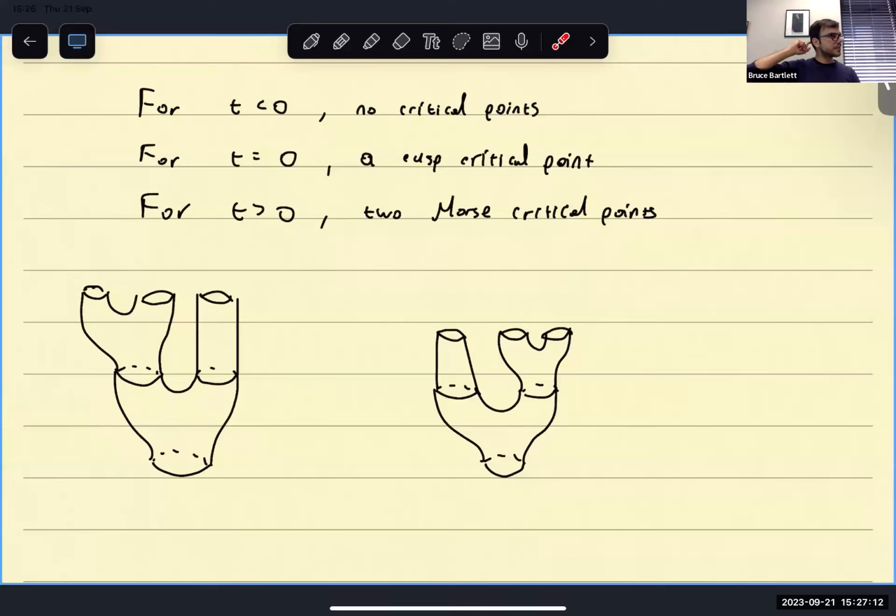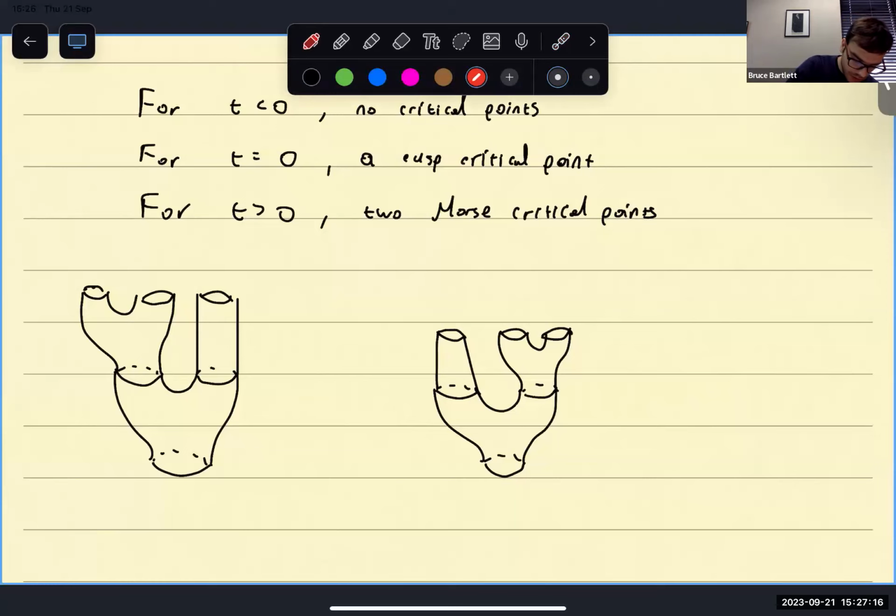So this is critical point 1, this is critical point 2, and let me actually do them with different colors. Now this critical point, which is green, goes up here, and this critical point goes down here. There is this movie that you can see in your head, which just swaps those two.